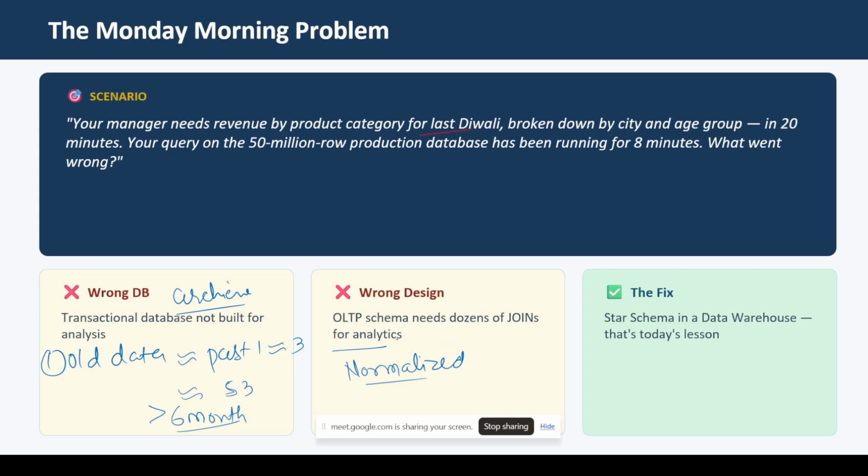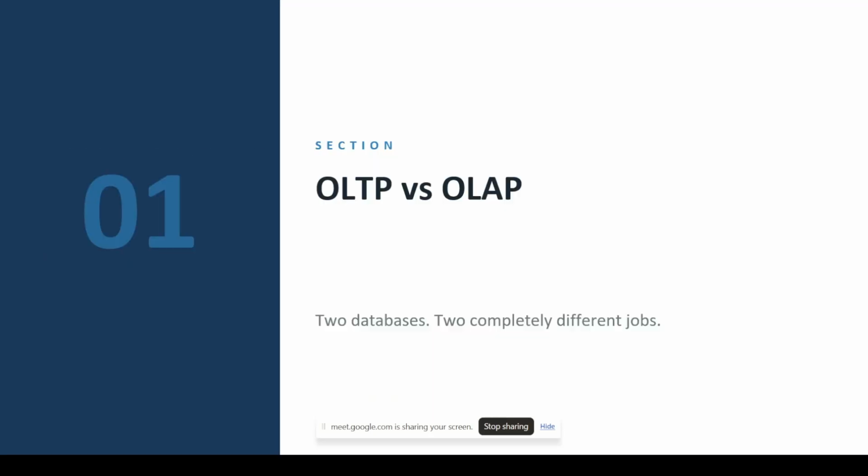Hence, we do not advise going ahead with OLTP, right? And what is the solution for that? The solution is using a star schema. Now, this is a schema inside warehousing. And broadly speaking, there are three types of schemas, which we are going to discuss today. Okay, I hope it's clear.